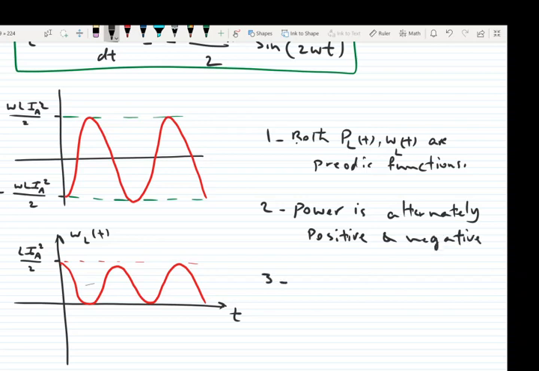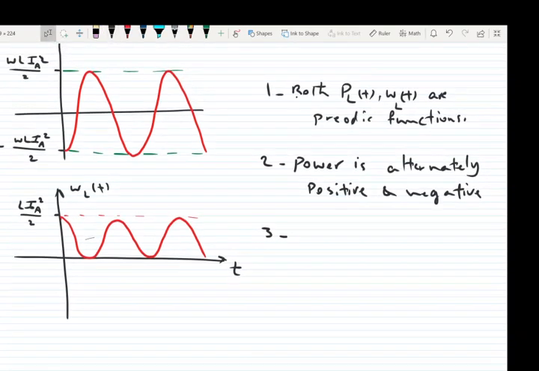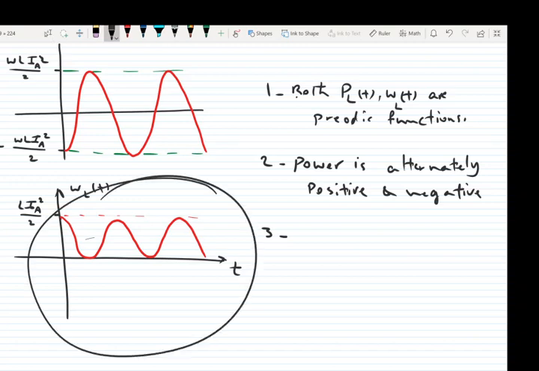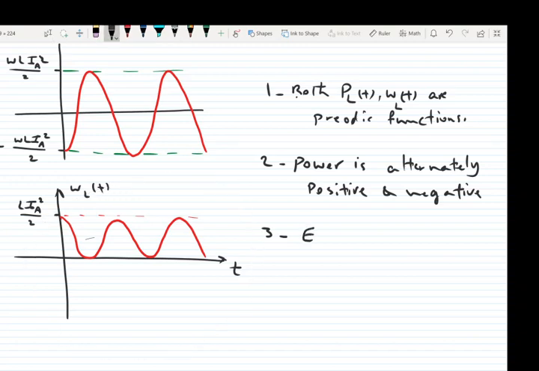The third conclusion: energy is always positive. So as energy is always positive, the inductor does not deliver net energy to the rest of the circuit.